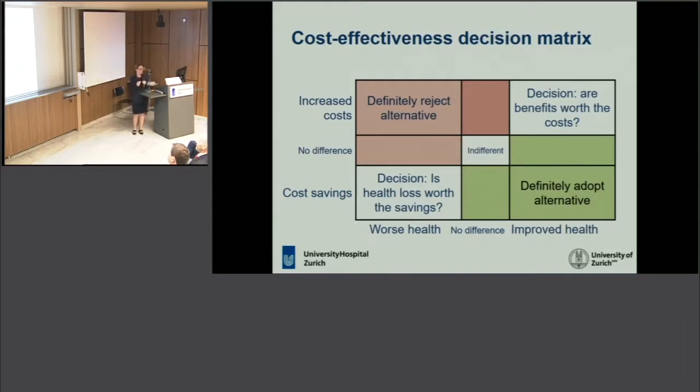We won't have to check for the cost effectiveness ratio here. So we have more difficult areas. If we have higher costs and we have improved health, then we have to make a decision if these benefits are worth the costs. So these are the typical cost effectiveness analyses here.